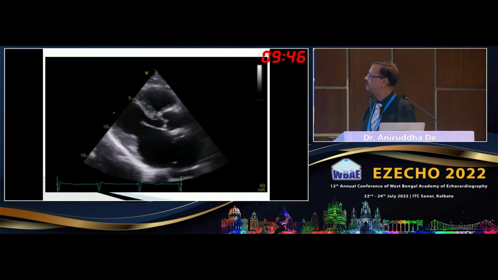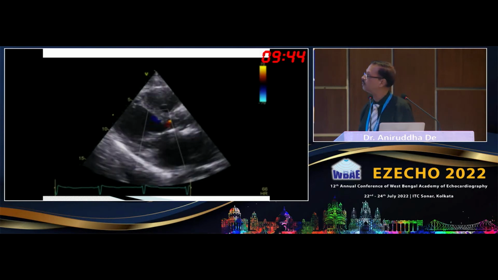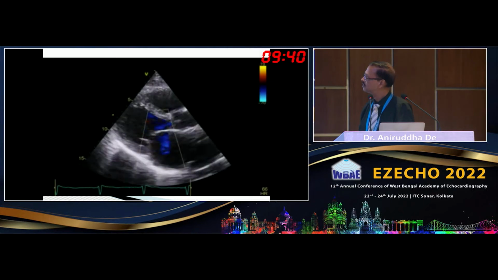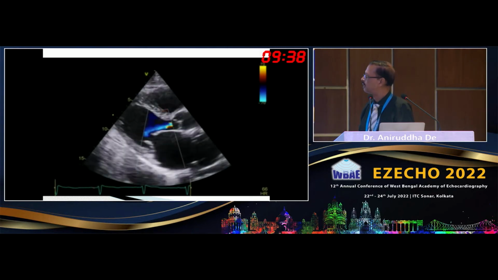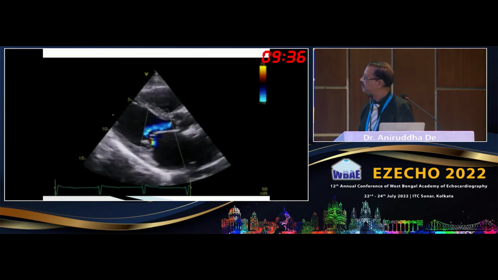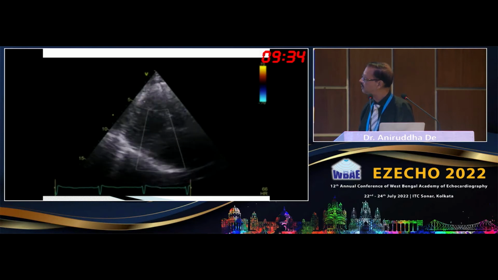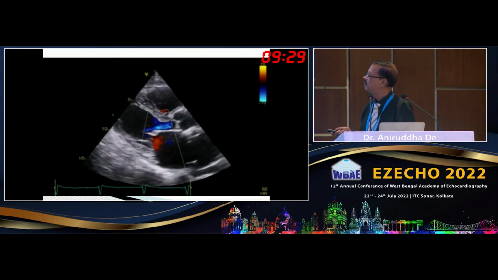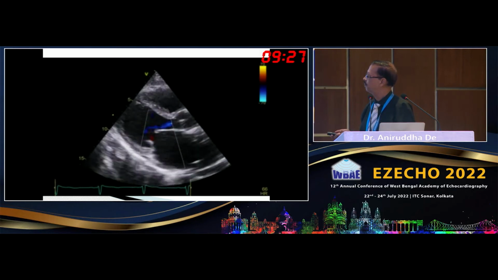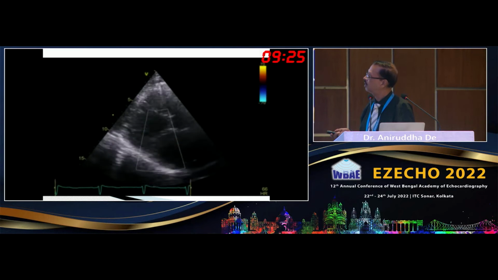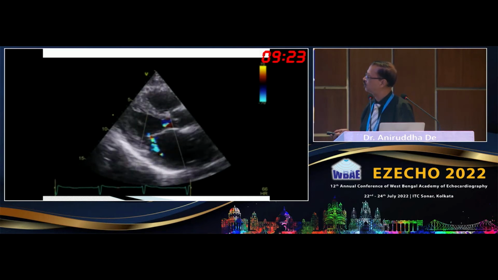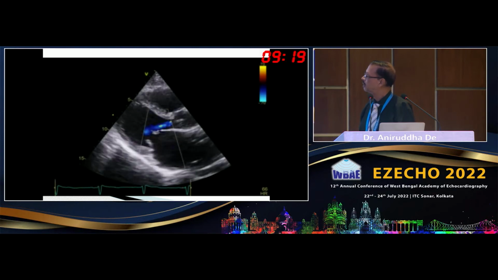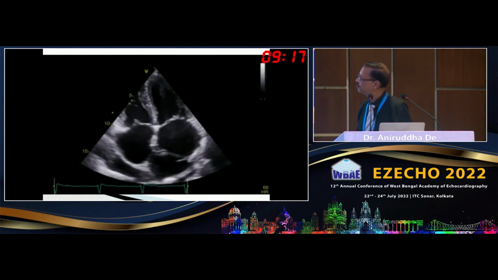As we go and give the color, first there is mild, maybe mild to moderate AR, and there is a definite moderate to severe MR. You can see the mitral valve is not normal. There is a lot of tethering and thickening of the posterior mitral leaflet, and there is a prolapse.